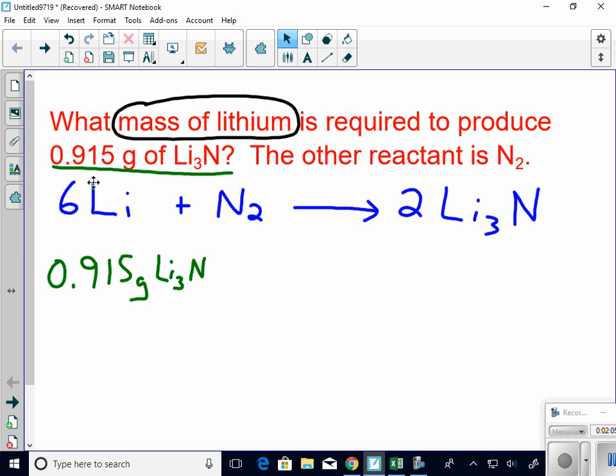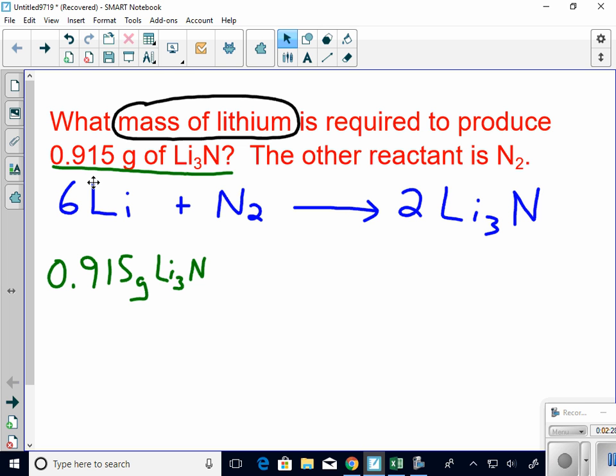So I am going to do a mass-to-mass problem. And my very first step is to convert what I have given, 0.915 grams of lithium nitride, into moles of lithium nitride.